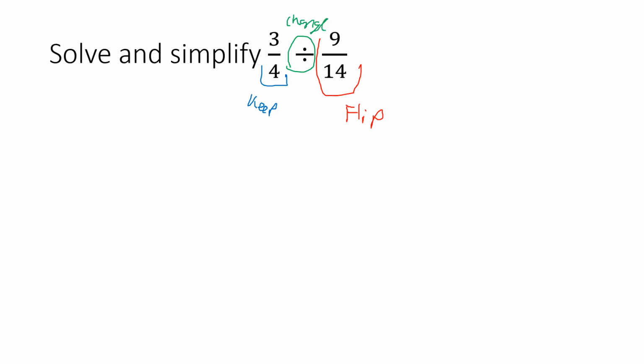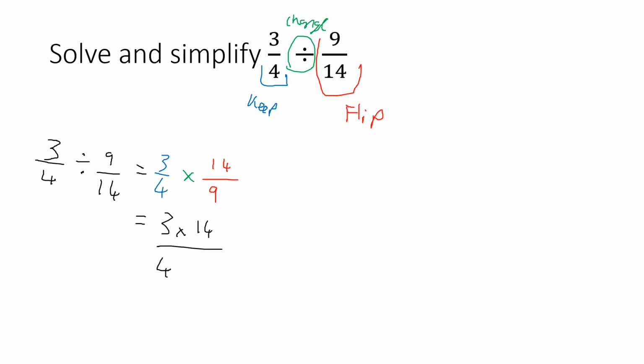So we know that 3 over 4 divided by 9 over 14 is the same as, let's keep it, so that'll be 3 over 4. We change the divide to a multiply, so we times it by 14 over 9. And then when we do the maths, that's the same as 3 times 14 over 4 times 9.